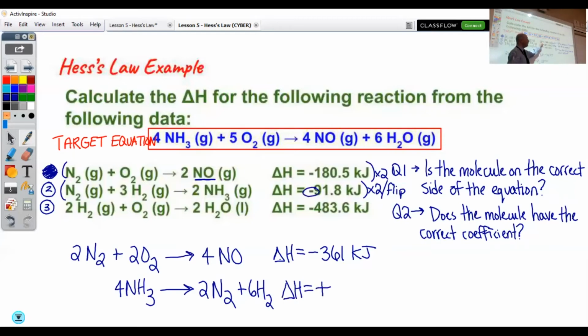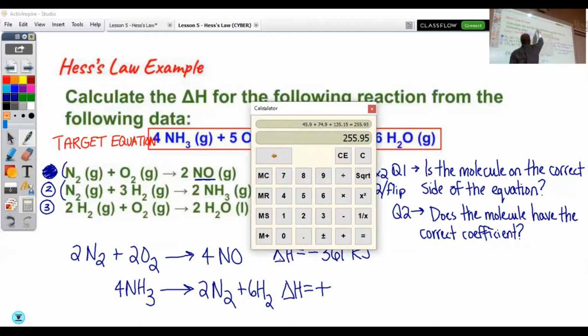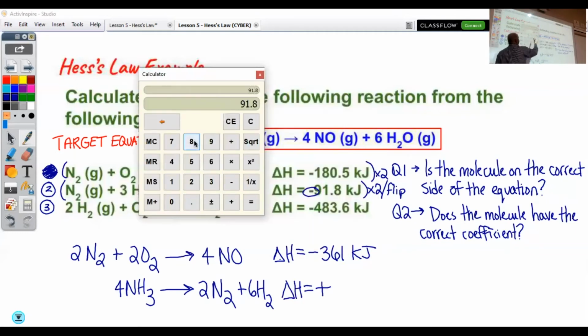We didn't do this for the first one because we didn't flip reactants and products for the first one. We only multiplied it by 2. So we flip it and we multiply by 2. So that 91.8, which we had as our delta H value, is now going to be multiplied by 2. So we wind up with a value of 183.6 kilojoules.